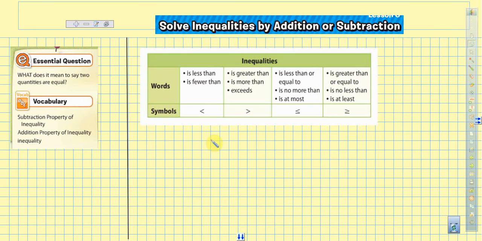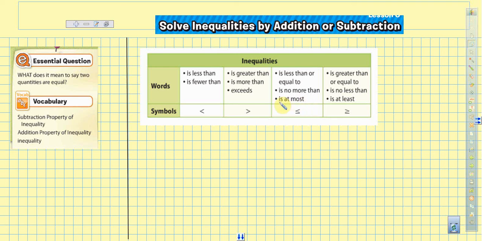Some of the symbols that we use in inequalities, we always read these from left to right, so that's how I know which ones they are. So if I put a number here and a number here, I would say this number is less than this number. This number is greater than, so this is the greater than sign, this number. This is less than or equal, or this is greater than or equal.